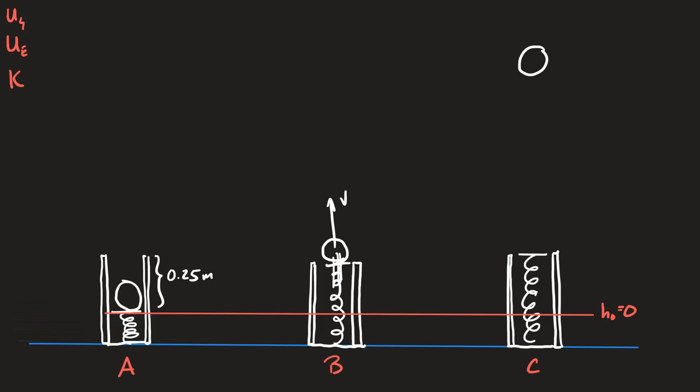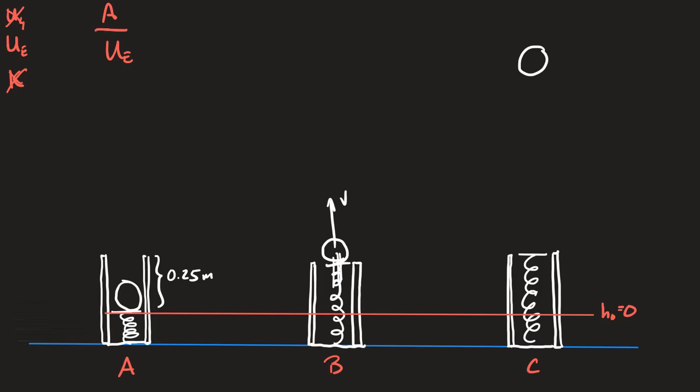So right now I'm asking myself, at A, does it have gravitational potential energy? If it's not above the reference level, the answer is no. Does it have elastic potential energy? If it's touching a spring, it might. So I'm thinking here, probably. Is it moving? It has no kinetic energy. If you go through that line of questioning, you can probably isolate the kind of energy we have at A, which looks like we have elastic potential energy.